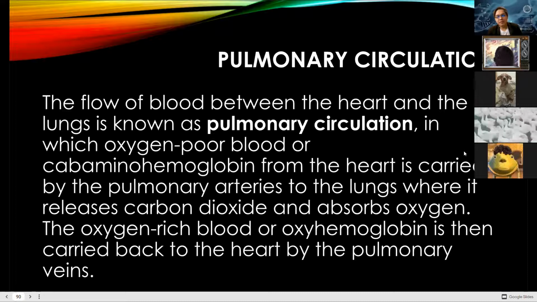It releases carbon dioxide to the lungs and it is replenished with oxygen. The oxygen-rich blood or oxyhemoglobin is then carried back to the heart by the pulmonary veins. And this is the point where the blood now enters your left atrium.